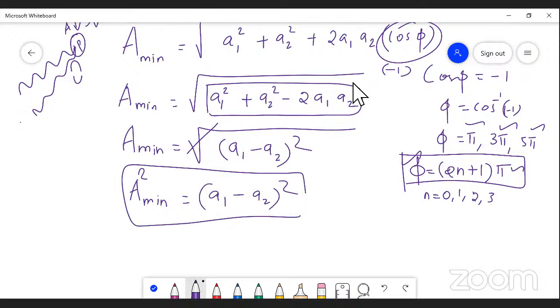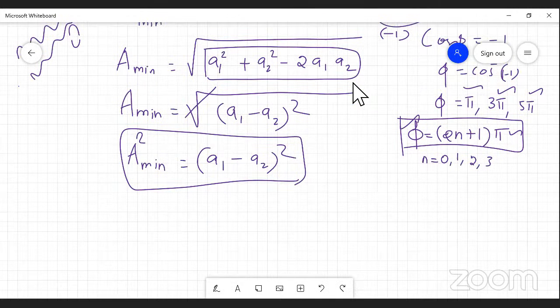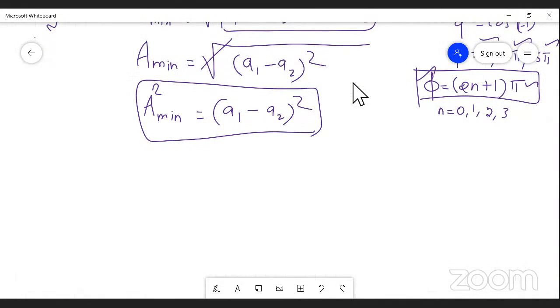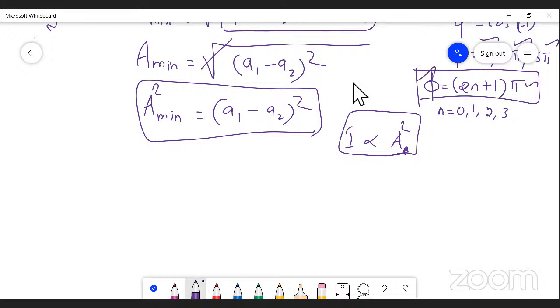You know well that the intensity is directly proportional to the square of the amplitude. So I is directly proportional to A square. I want to calculate the minimum intensity of the interference at point P. I minimum is equal to (A1 minus A2) whole square.